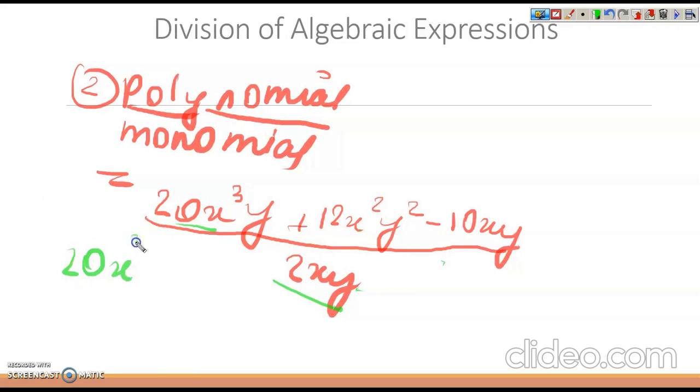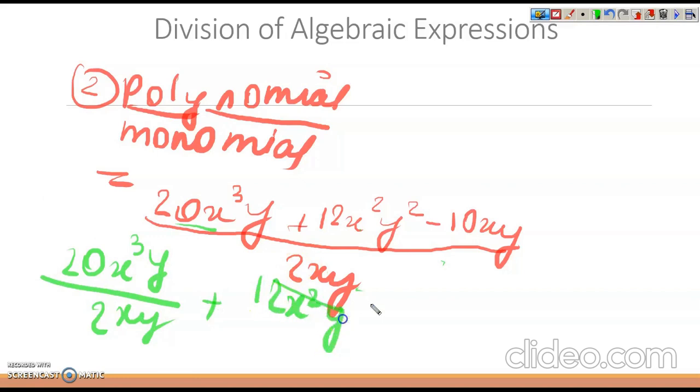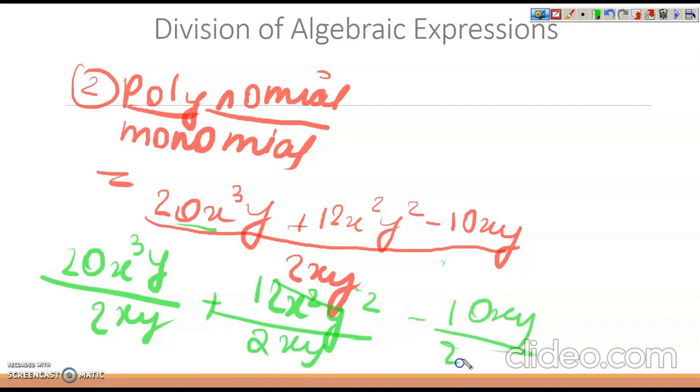We can write this as 20x cubed y over 2xy plus 12x squared y squared over 2xy minus 10xy over 2xy. We can write it like this, or we can take common factors, but I'm doing it this way.